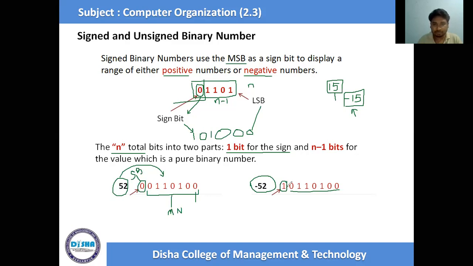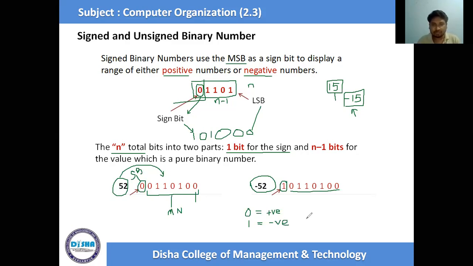If the sign bit is 1, that is negative. Clear?